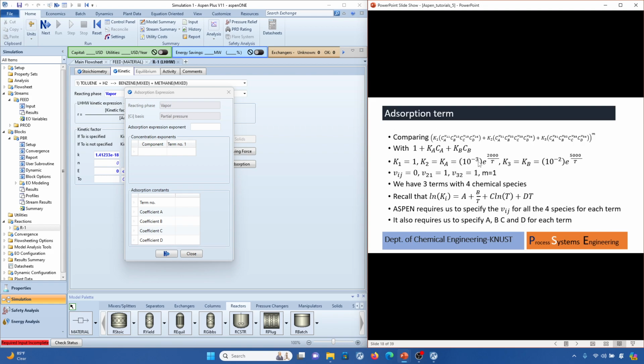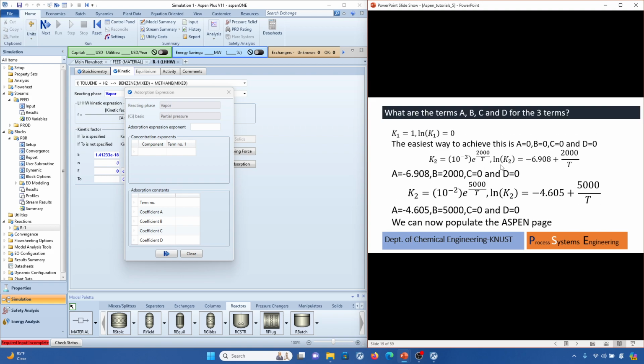So if these were our constants, then in similar fashion to what we did with the driving force term, since K1 is 1, then the natural log of K1 has to be 0. So for the first value A, specify everything as 0, right? Then in the second case, we compare this.